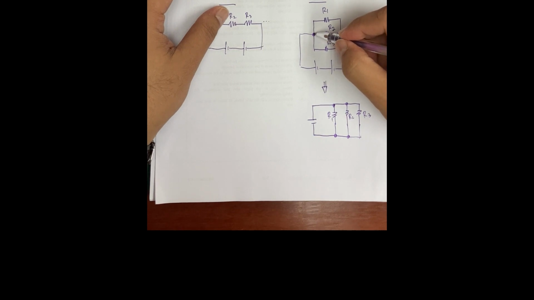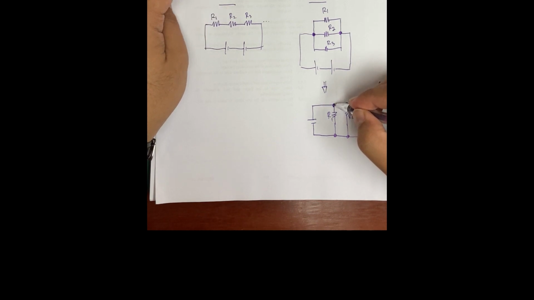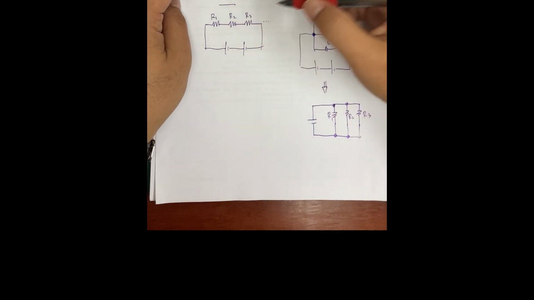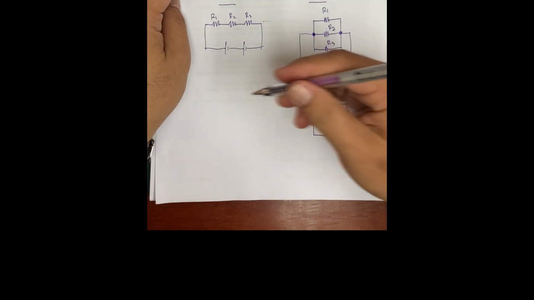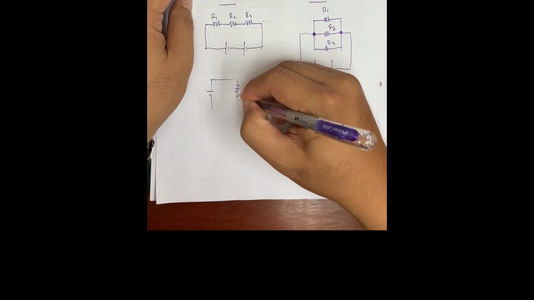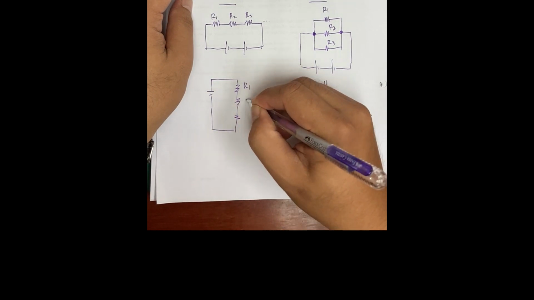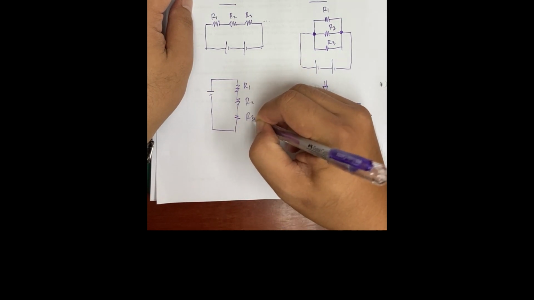Everything is connected with a junction like this. So this is a junction connected to R1, R2 and R3. So three of them are connected to one junction. And then this series also can be represented like this. It's just a matter of rotating this circuit. So R1, R2, and R3.